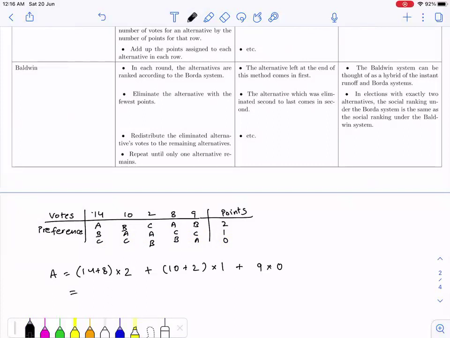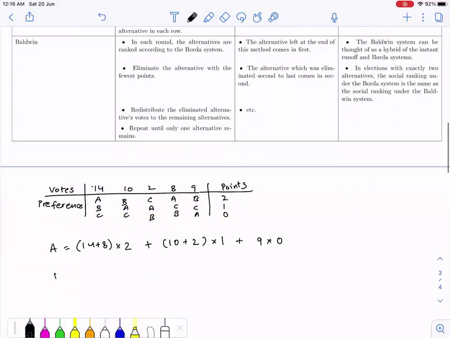Okay, so you have a total of these many points. Similarly, you do the same thing for B, C and D, and then compare them, and the ranks would be according to the points that they get.